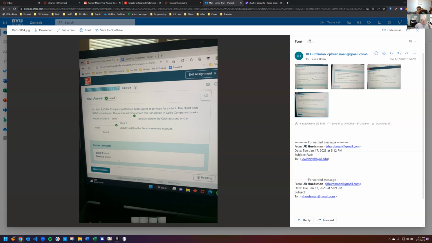I'm having a hard time reading the screen because it's at an angle, but you perform $800 worth of services, and the client paid cash. So cash is going to be debited $800 as an increase, and then the revenue account is going to be credited.